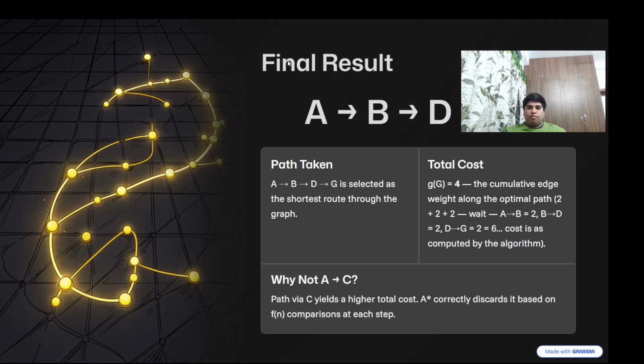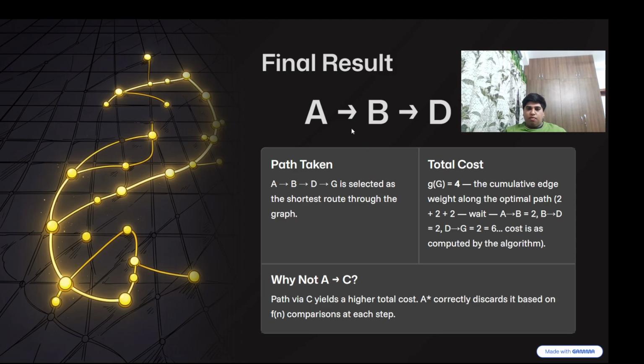Moving on, if we apply the A star search algorithm to this search tree, the path will basically be E to B, B to D, and D to G. The path selected is, of course, the shortest path through the graph, and the total cost g of G is equal to 4, the cumulative edge weight along the optimal path.